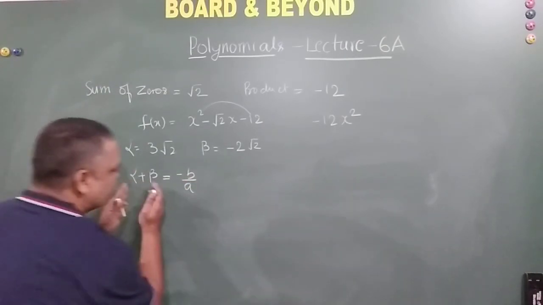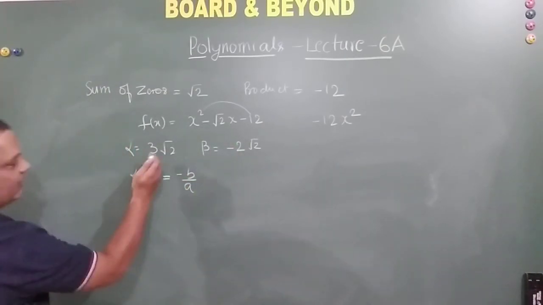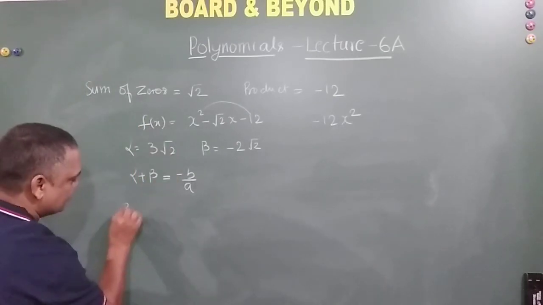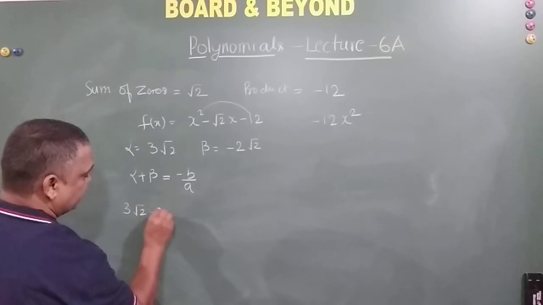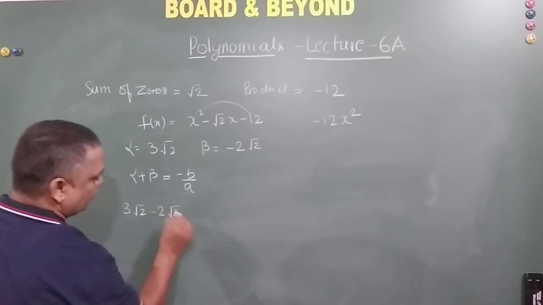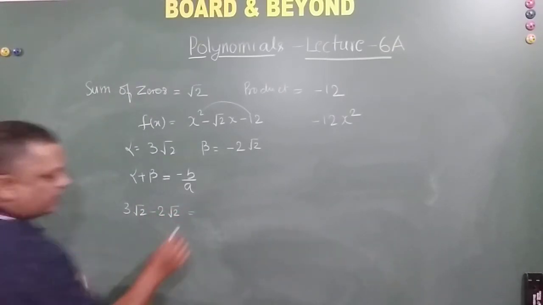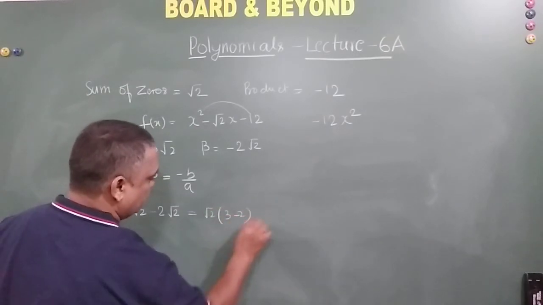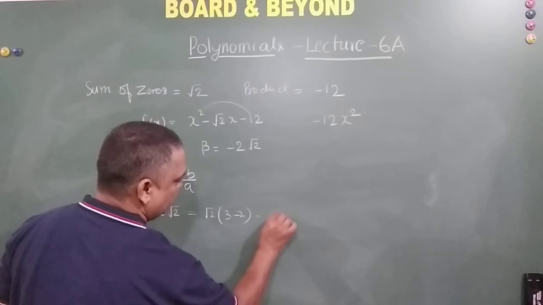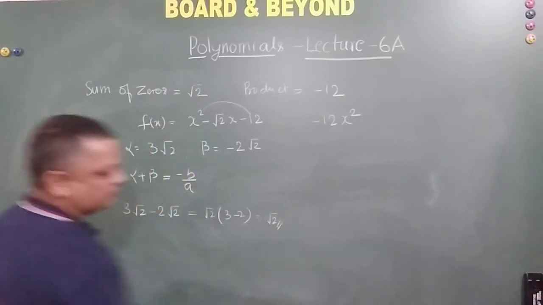So let's take the LHS and try to do this. So alpha is equal to 3 root 2. Let's do 3 root 2 plus beta, that is, it remains minus only 2 root 2. Taking root 2 common, 3 minus 2, that is equal to 1. So only root 2. Right?